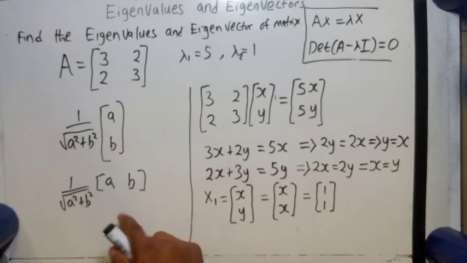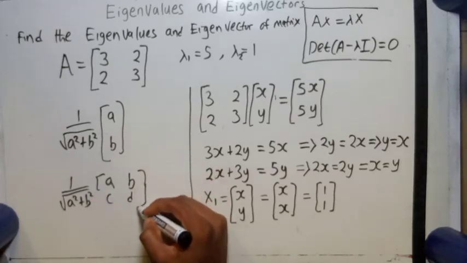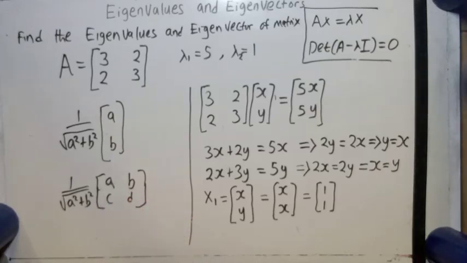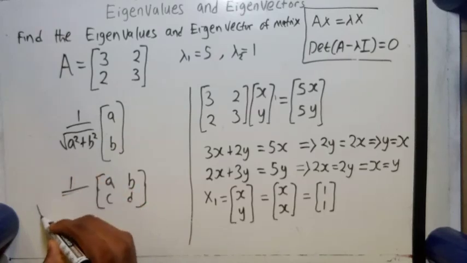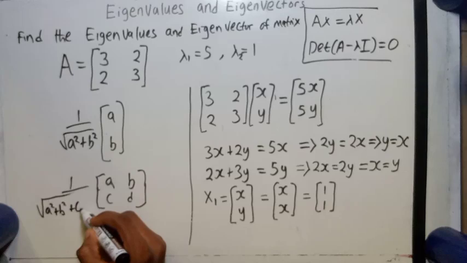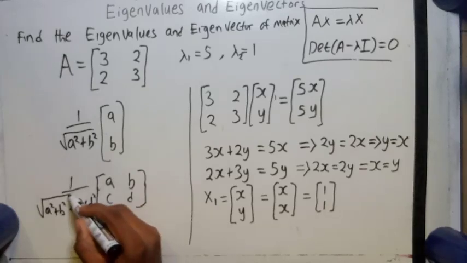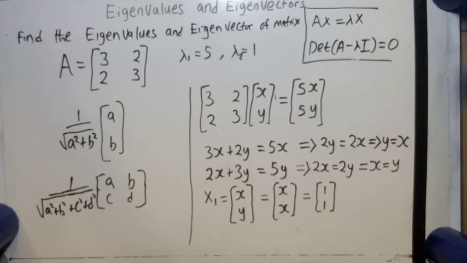So let's say this turns out to be c, d. What it means is that our square root will still continue. So we have a square plus b square plus c square plus d square, all in square roots. This is how you normalize the vector.